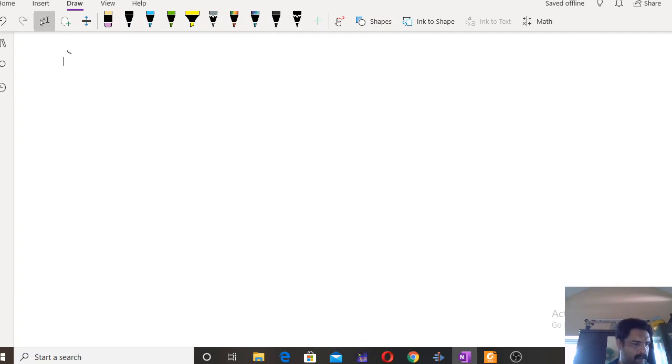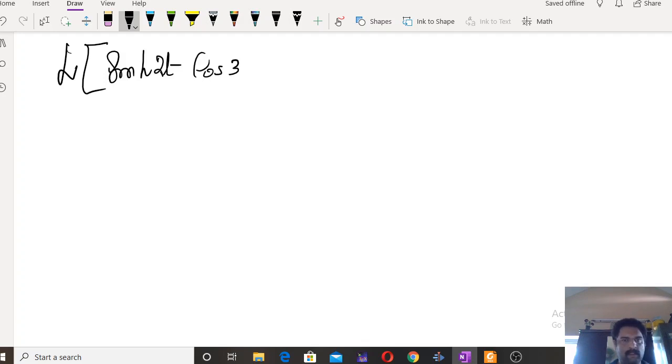There's one more problem. We are looking for the Laplace transform of sinh 2t into cos 3t. We know the Laplace transform of sinh 2t and cos 3t independently, but so far we don't have any result which allows us to find the Laplace transform of a product of two functions.